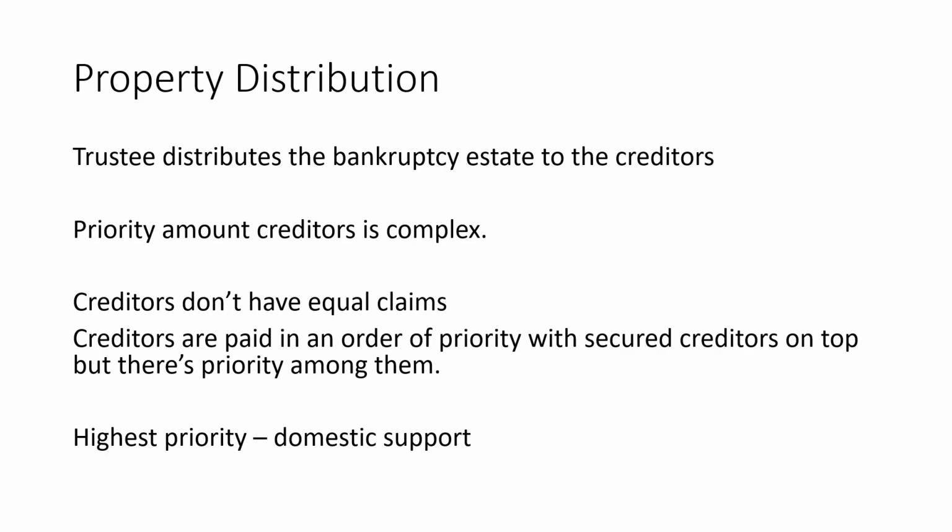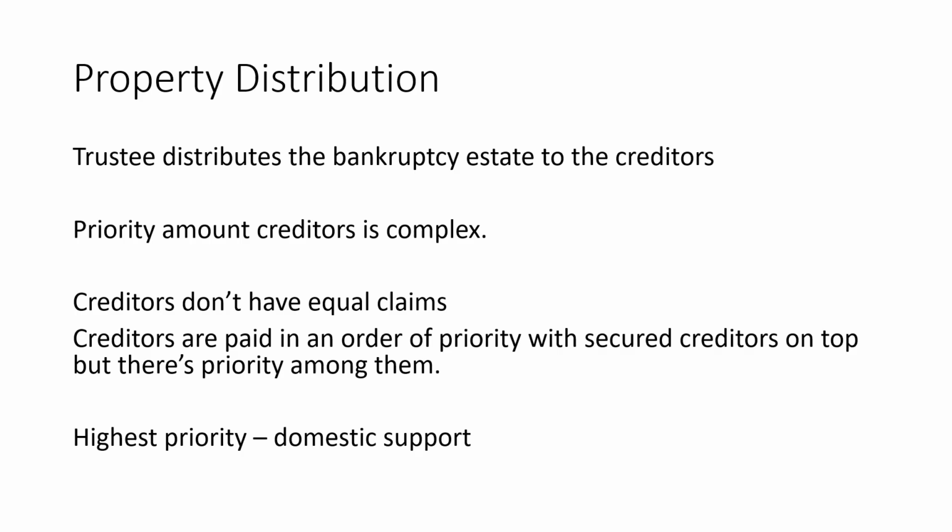The priority among our creditors, secured creditors, unsecured creditors, both of those categories have a list of priority. As we learned about secured creditors, there's that idea of they've perfected and put everyone on notice of their claims, but they don't have equal claims.